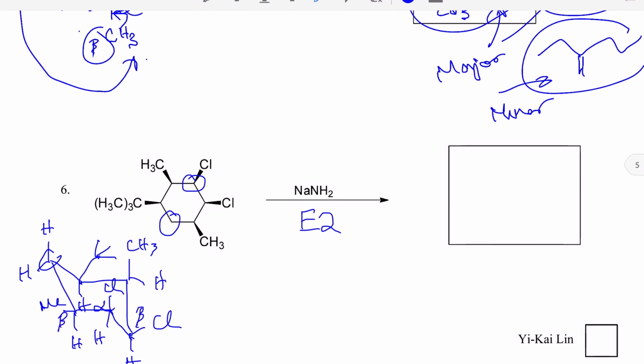There's a beta carbon here, and there's a beta carbon there. So when we look at it, we see that there are 2 ways we can eliminate the proton for this specific chlorine atom, right? Well, we haven't looked at this one yet.